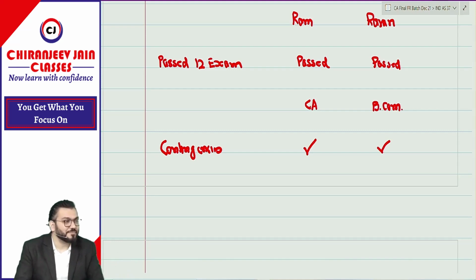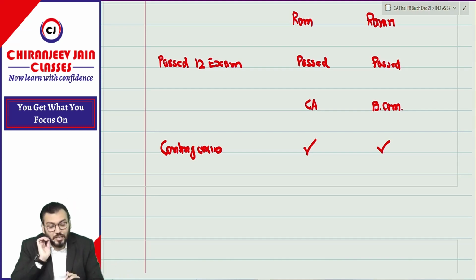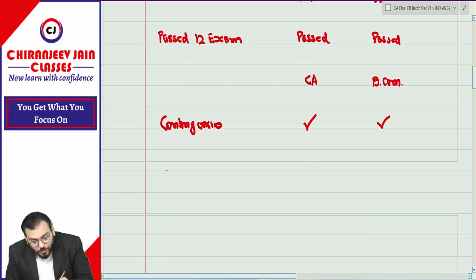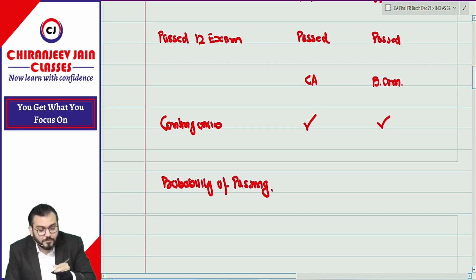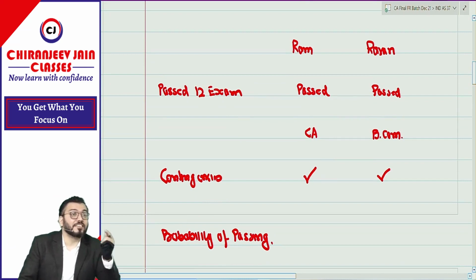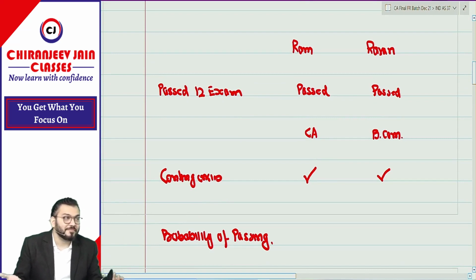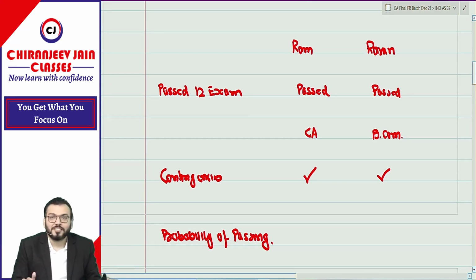That is the point. Now, if I ask Ram what is the probability of passing the CA exam, what will be the answer?